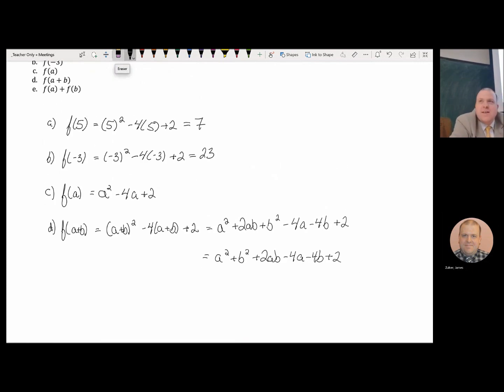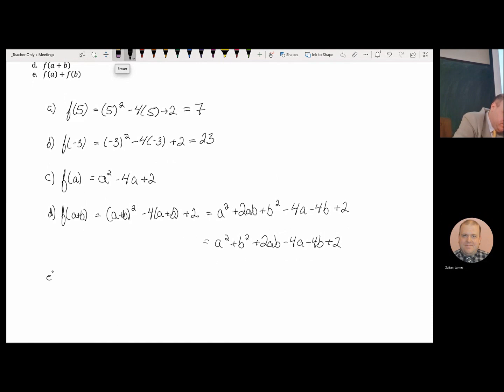Now, what about f of a plus f of b? Well, first, we need f of a, which we found already, right? That was part C? F of b. Same thing, right? Just replace a with b.